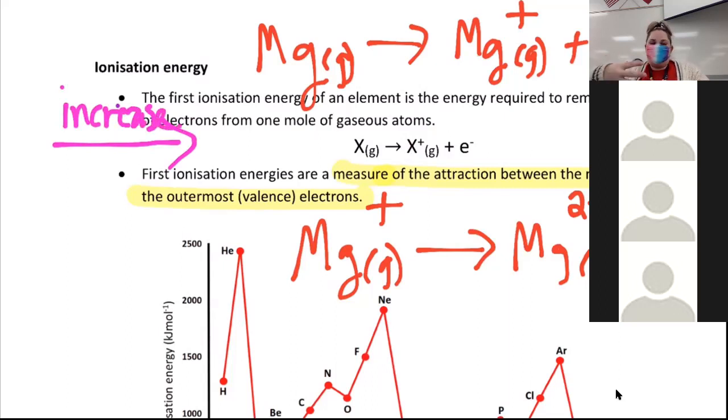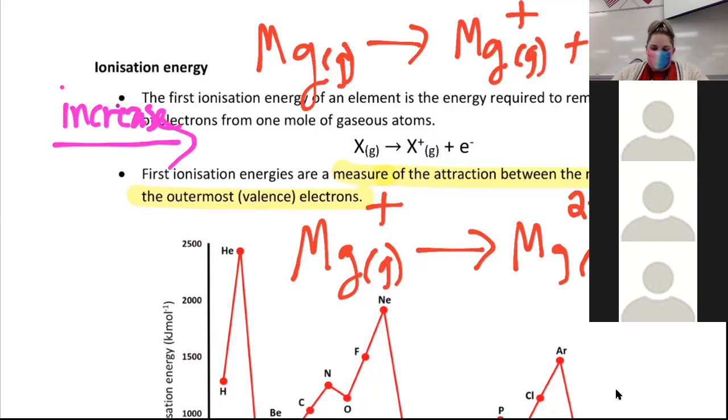Like I said, it all ties back together. Nuclear charge is increasing because we're adding more protons. That causes the atom to shrink in because there's a higher attraction to the valence electrons. And when there's a higher attraction, it requires more energy to remove one of those valence electrons, or 1 mole of them.